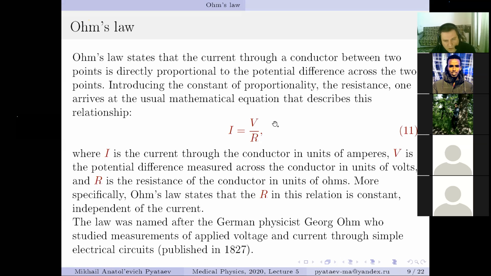If we discuss how fundamental this law is, we should say that it is not as fundamental as Coulomb's law, for example. This law is based on the fact that the voltages we deal with in everyday life are too small compared to the voltages which characterize the atomic electric field.